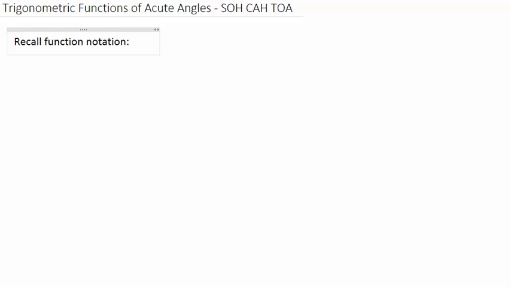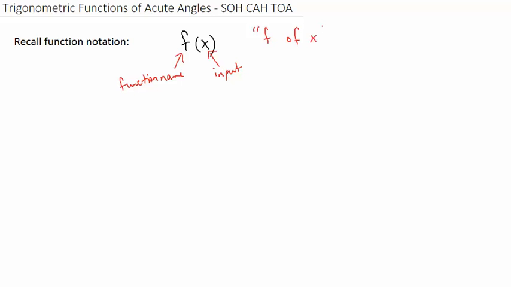The typical function notation would take a function named something like f and input to it something called x. So f is the function name, and x in parentheses is the input to that function. The way to read this is f of x.